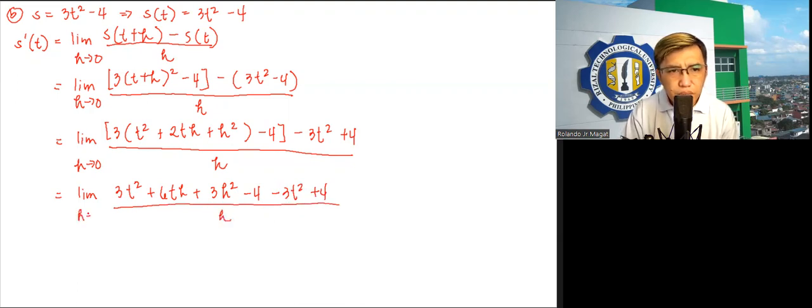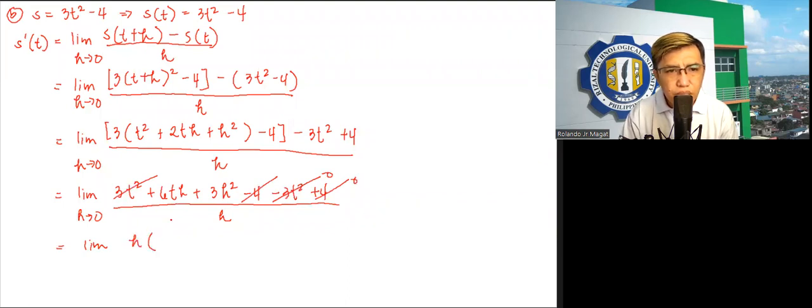As h approaches 0, then what I have is the limit. I can cancel out 3t squared and minus 3t squared. They are 0 already. Minus 4 and plus 4 are 0 already. So what remains in the numerator is 6th plus 3h squared, but I can factor out h.